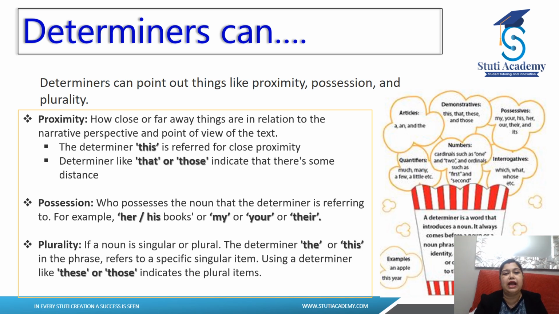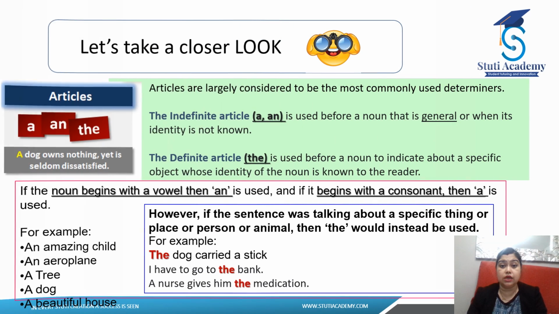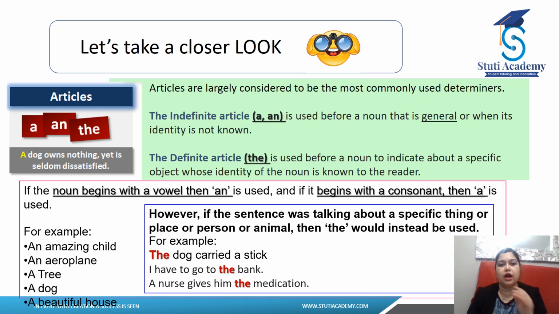Now let's move ahead and take a closer look at articles. Article determiners have two categories. The first one is definite articles and the second one is indefinite articles. So the definite article is the word the, and the indefinite articles are the words an and a.